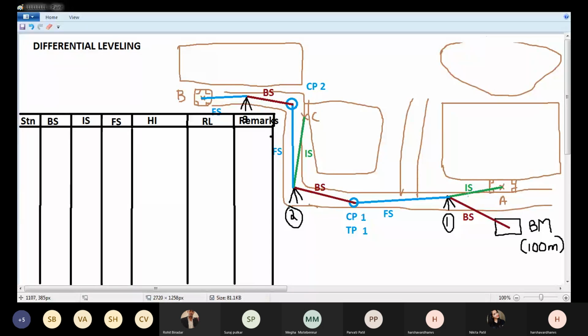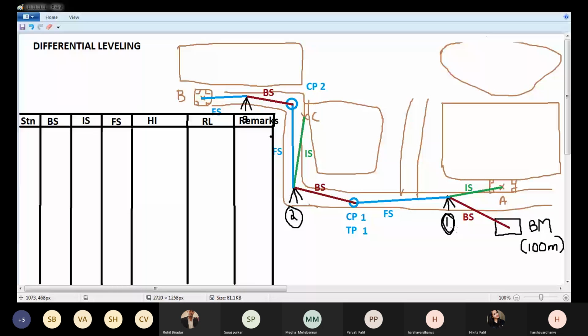Intermediate side is a staff reading taken on a point whose elevation is unknown, and also it is not the last staff reading. Foresight is a staff reading taken on a point whose elevation is unknown, and that particular staff reading is the last staff reading taken from that particular instrument point.